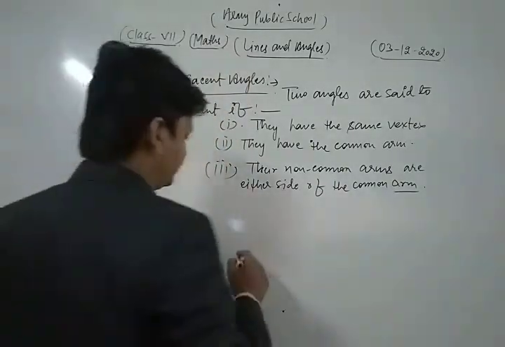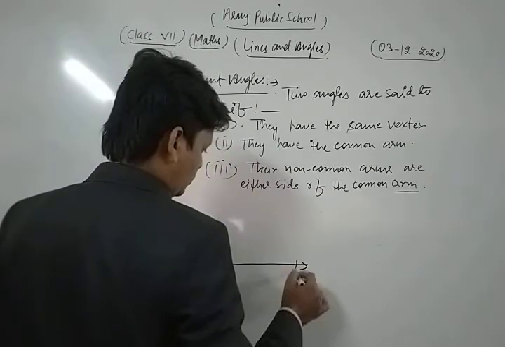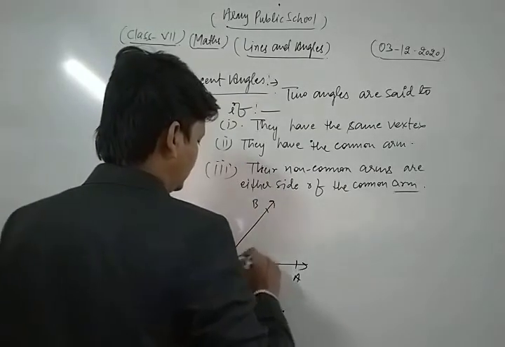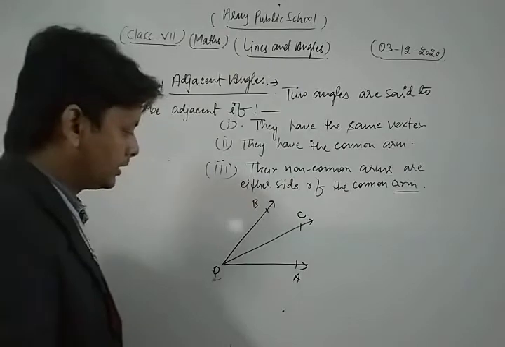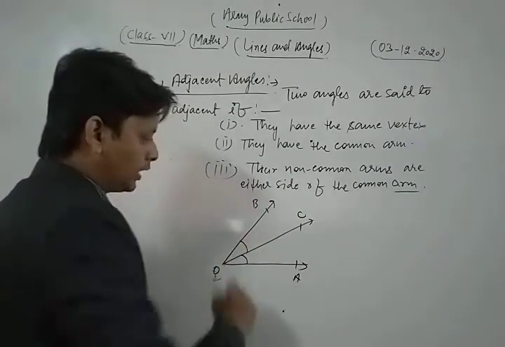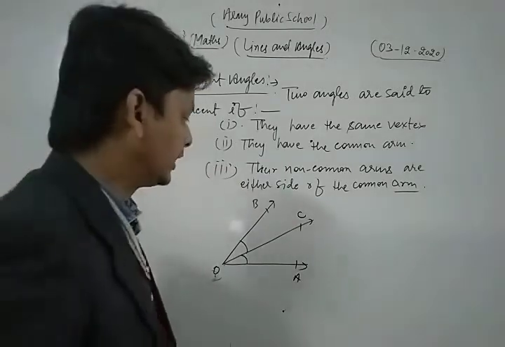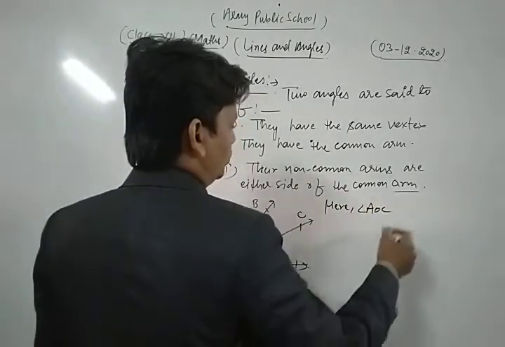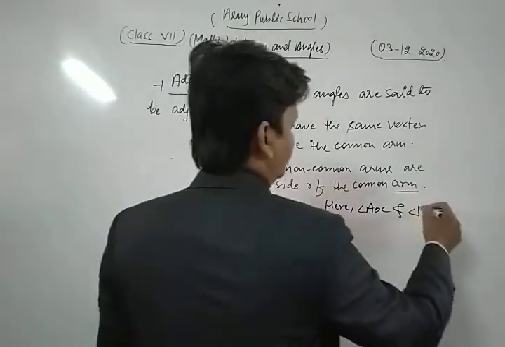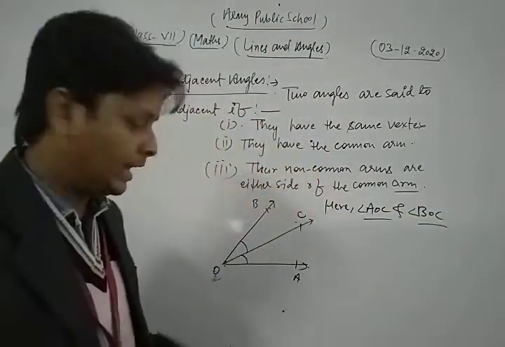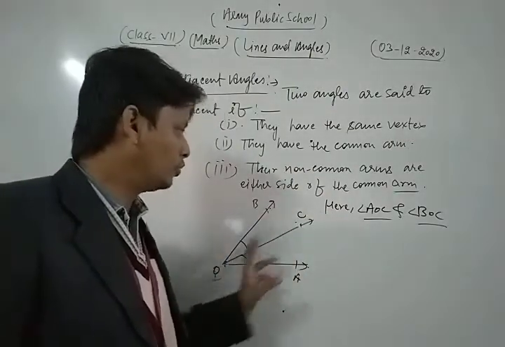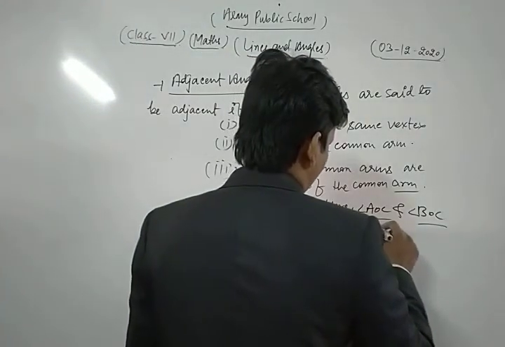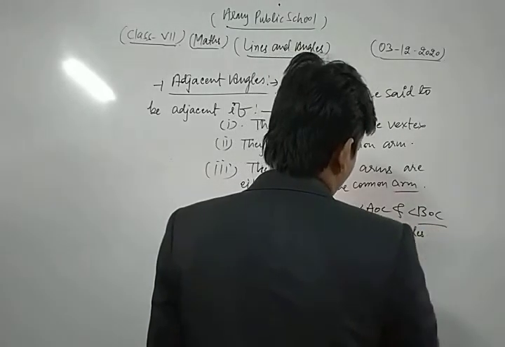Suppose, dear students, we draw a ray OA, a second ray OB, and a third ray OC. Now here, angle AOC and angle BOC are adjacent to each other.